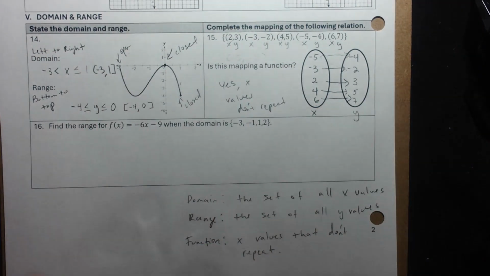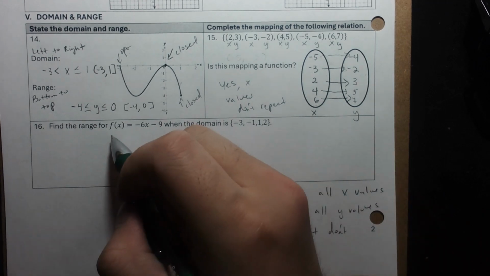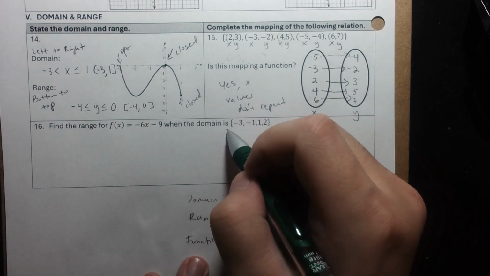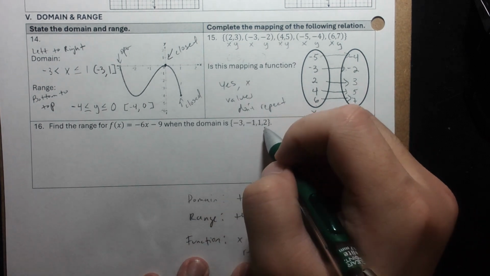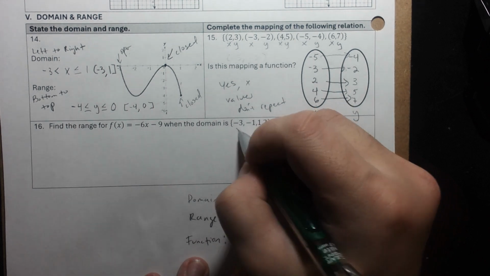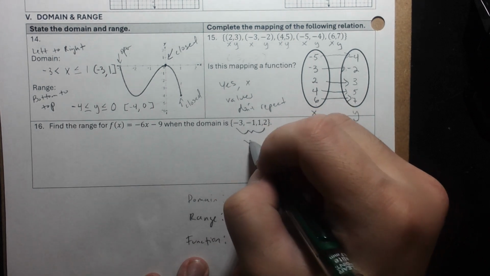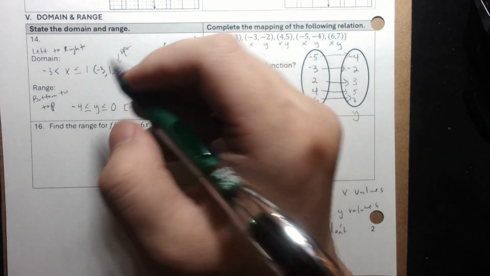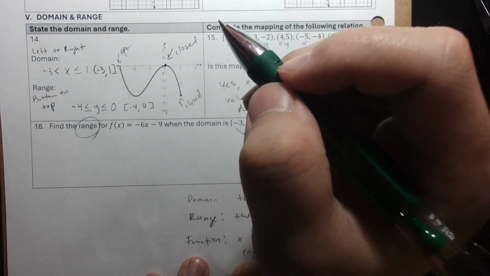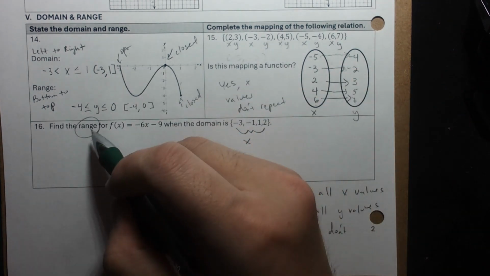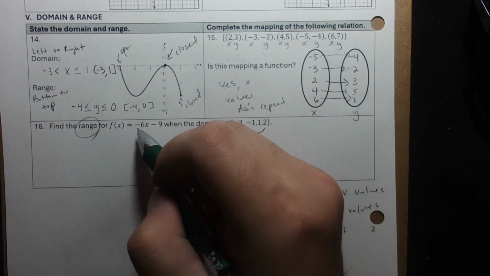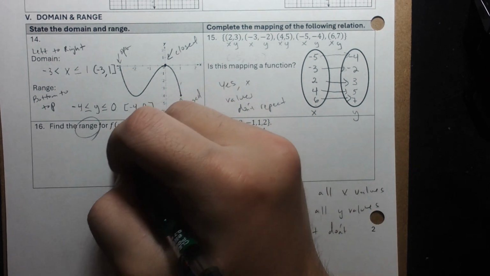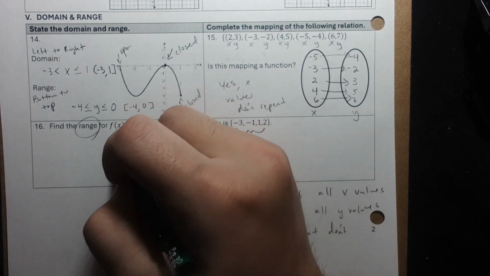All right, 16. Find the range for f of x is equal to -6x minus 9 when the domain is -3, -1, 1, and 2. So all of these things here are the x values. Our goal here is to determine the range. Now recall from Algebra 1 that f of x is the same thing as y, right?